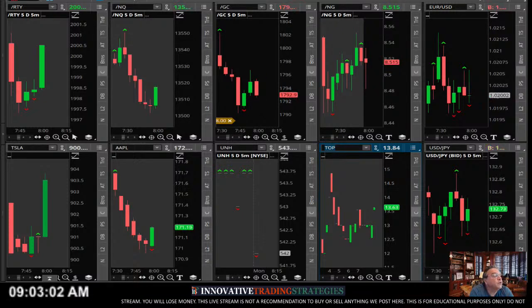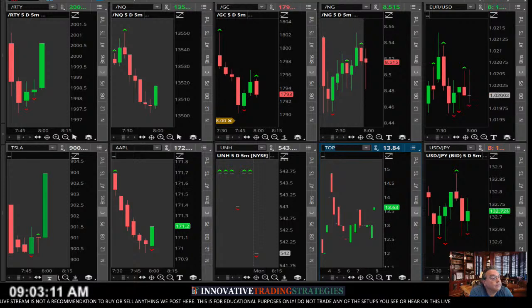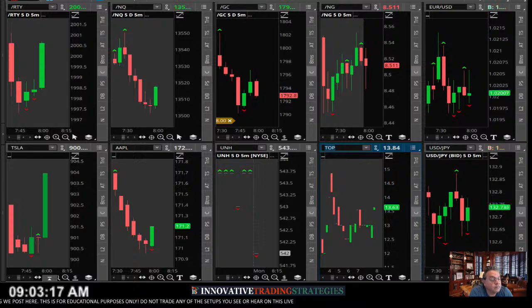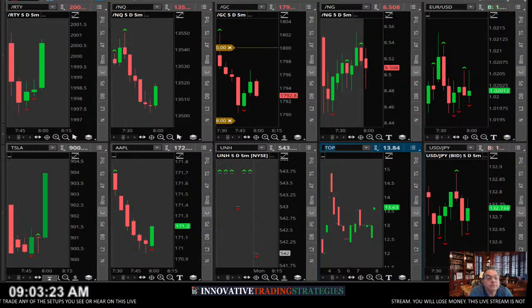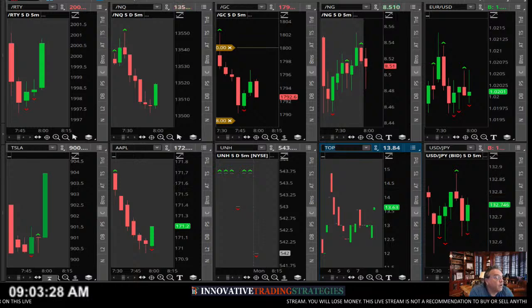If we don't hit that and need to reverse, we're going to reverse at 1800. So 1800 is the reversal, target 1788.